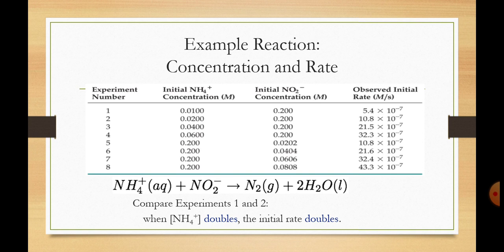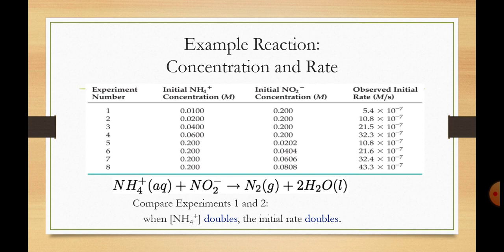In the second experiment, the concentration of NH4 is 0.0200. Here we have increased the concentration of NH4. Let's check what happens to the rate while we keep NO2 the same as before.